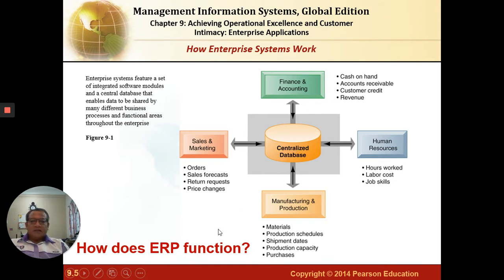So if a customer orders, they normally contact sales, and sales will load how much the customer is ordering, and then manufacturing will get access to the new order request.